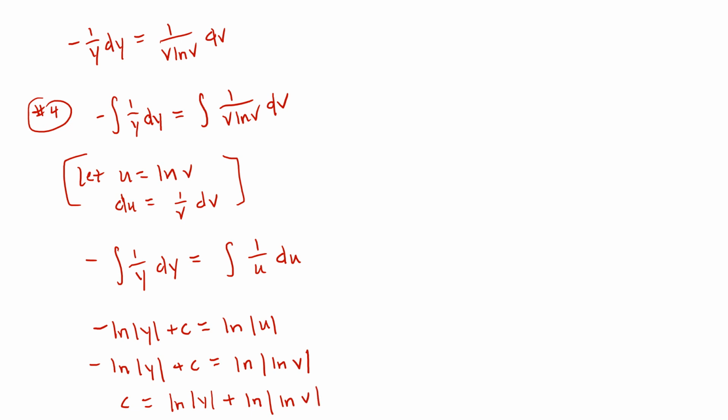Okay. So then for step number 5, we're going to back substitute. In back substitution, we know v equals x over y. So c then is going to equal the natural log of y plus the natural log of the natural log of x over y. We can exponentiate both sides.